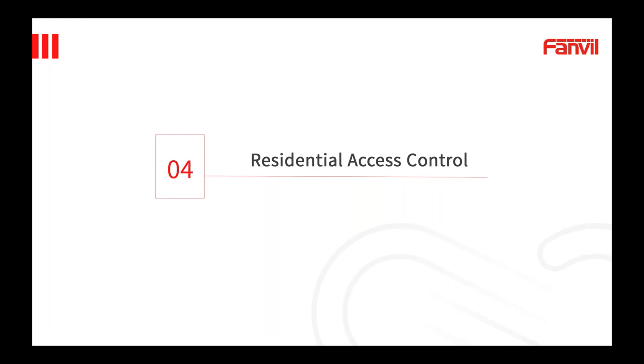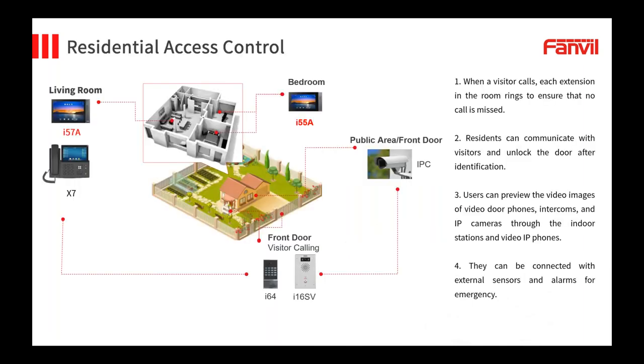And now let's come to the residential access control part. For this scenario, we also use different models of Fanvil IP phones and indoor stations, and some IP cameras. For the living room, we use the i57A indoor monitor and X7 video IP phones, which can also get a clear video image of these IP cameras and door phones and intercoms.